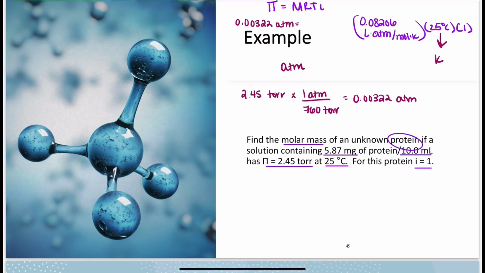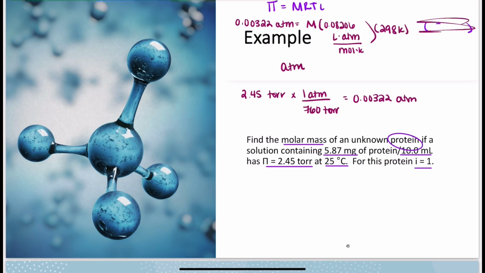I don't know my molarity. It's probably what I'm going to try to find. I know my gas constant, 0.08206 liter atmosphere per mole K. I know my 25 degrees C. If I convert that over, that becomes 298 K. And my Van't Hoff factor is 1 because it told me I is equal to 1. Okay? So I've got all that.